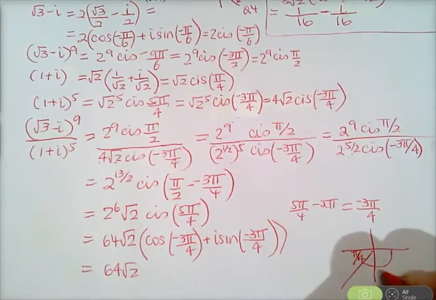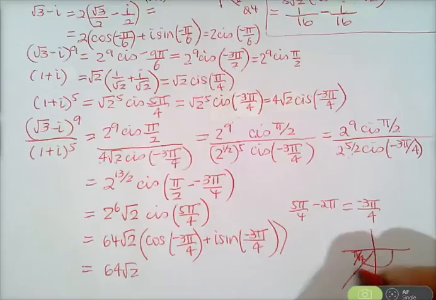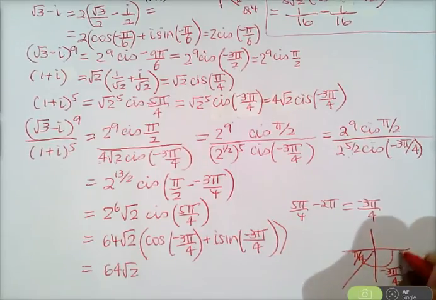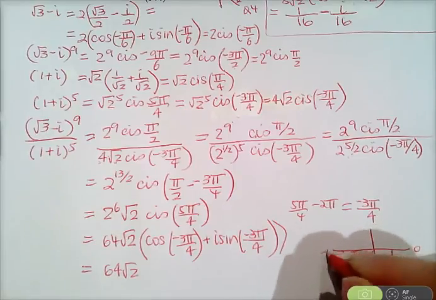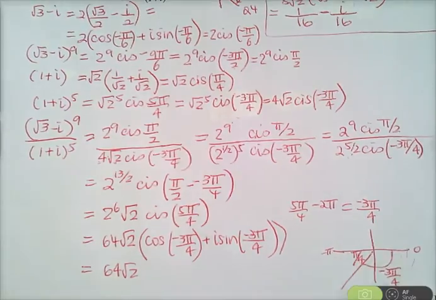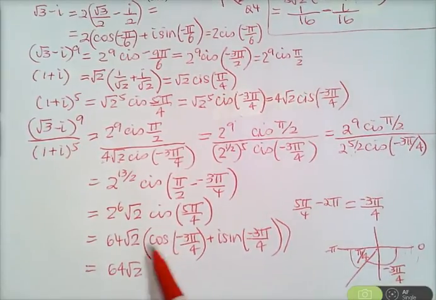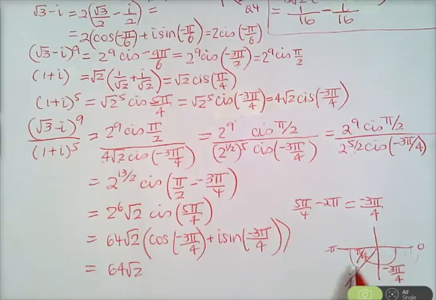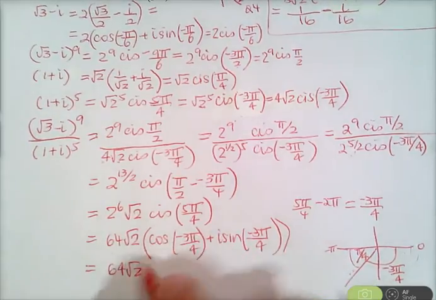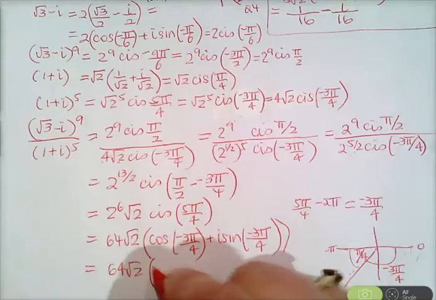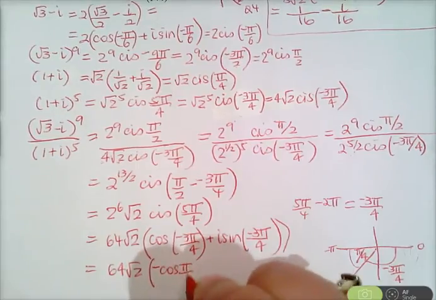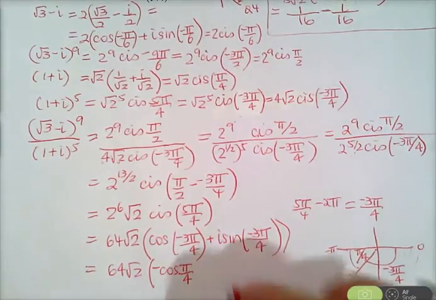If this is minus 3 pi on 4, so if you've got 3/4 pi, you've got a 1/4 pi here, because from here to here is minus 1 pi. So we're looking at the related angle here, pi on 4, or 45 degrees. We're in quadrant 3, cos is negative, so this is the same as doing minus cos of pi on 4, and again sine's negative here as well.